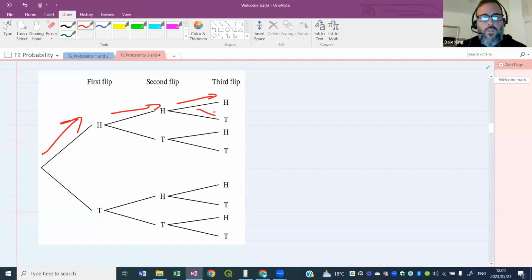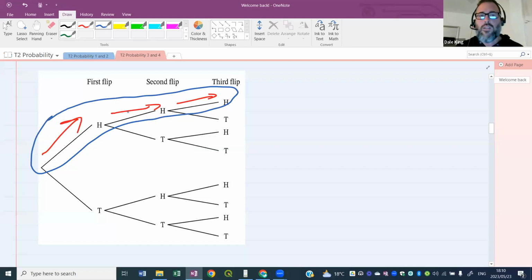Yes, one of them could also be tails, but I'm just looking at one of the branches here. So one of the possibilities when you flip a coin 3 times is to see heads, then heads again, and then heads again, which is this branch that I've drawn here. That's one of the possibilities when you flip a coin 3 times. Heads, heads, and heads.